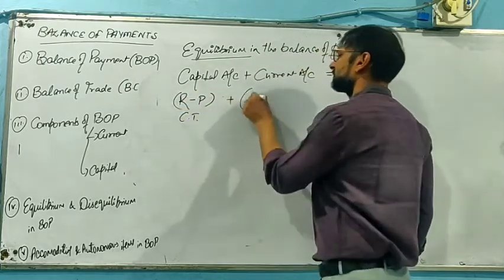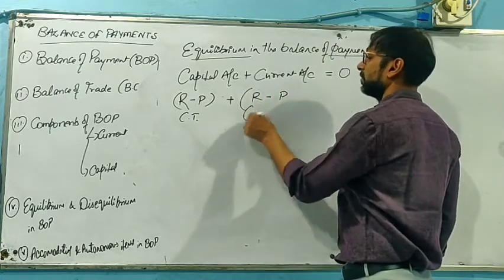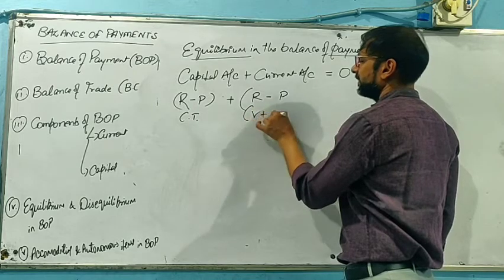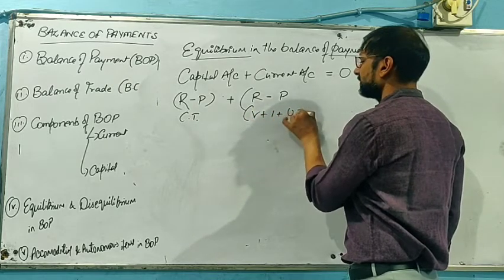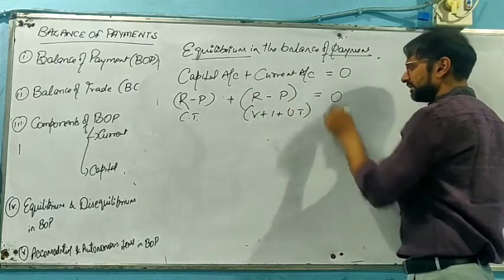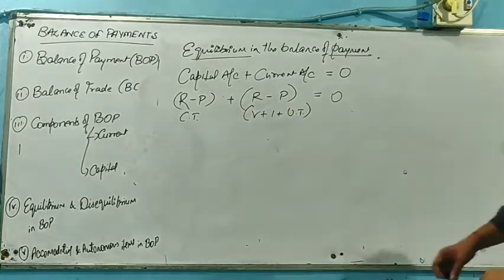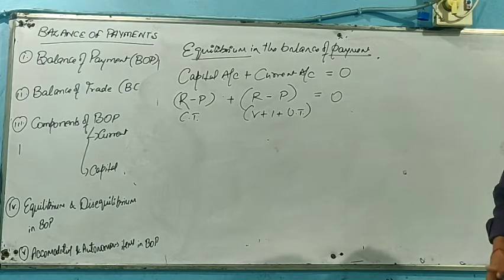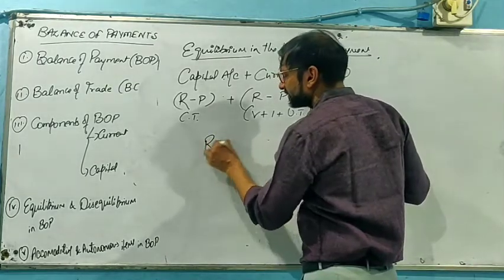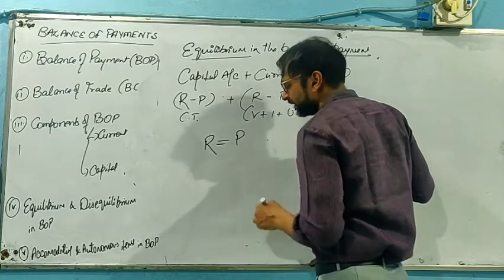We just need to see the receipts and payment of all the visible item, invisible item and unilateral transfers. When this becomes equal to 0, it means equilibrium will be met in balance of payment. In simple we can say when receipts are equal to payment.